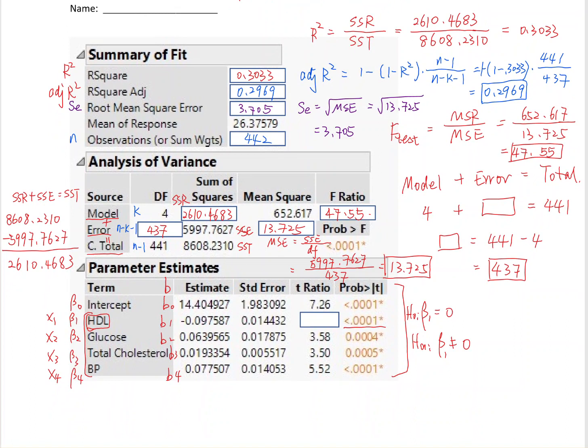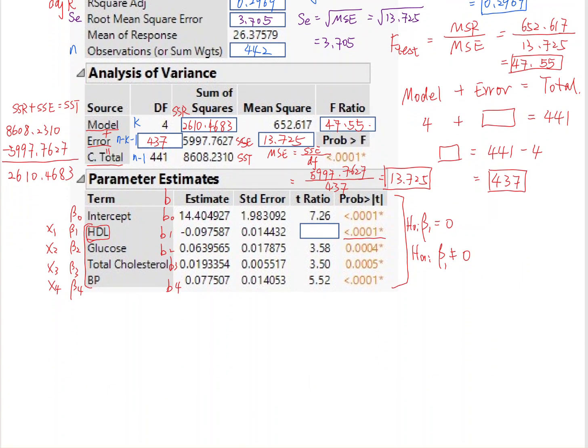All right, done. Okay, yes, we have one more here, the t-test statistics for testing the betas, right? So here the t-test statistic has the formula B1 divided by the standard error of B1, right? So this is for the B1, right? So this blank is for the B1.